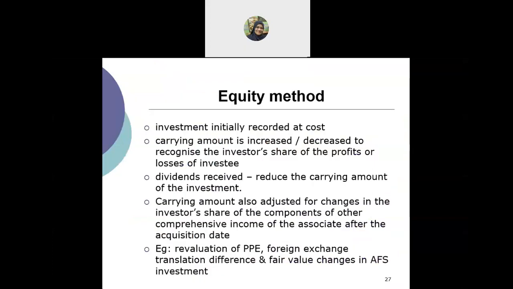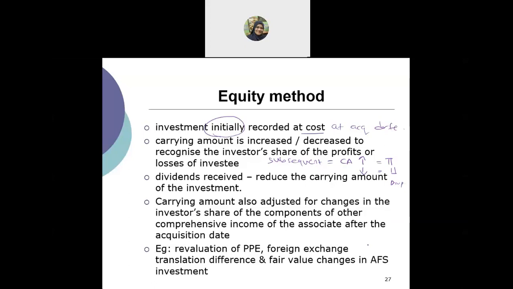Okay, so using the equity method, initially the investment is recorded at cost, which means that at the acquisition date, we record the investment at cost. After that, the carrying amount is going to be increased if there is a profit, reduced if there is a loss, and also reduced by dividends paid. Two things. The carrying amount is also adjusted for changes in the investor's share of the components of other comprehensive income.